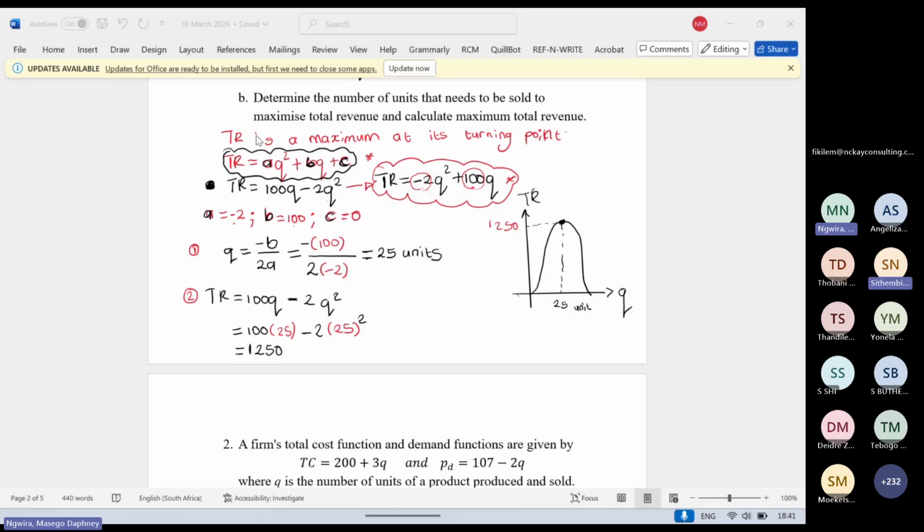I said that to calculate the maximum of total revenue, we always have to start by looking for Q. These are the steps. First, you look for Q, using the turning point, because this is the maximum of the graph. So we use this formula to find the Q. Then, the second step, you substitute your Q into the TR formula, total revenue. That's how you find this.